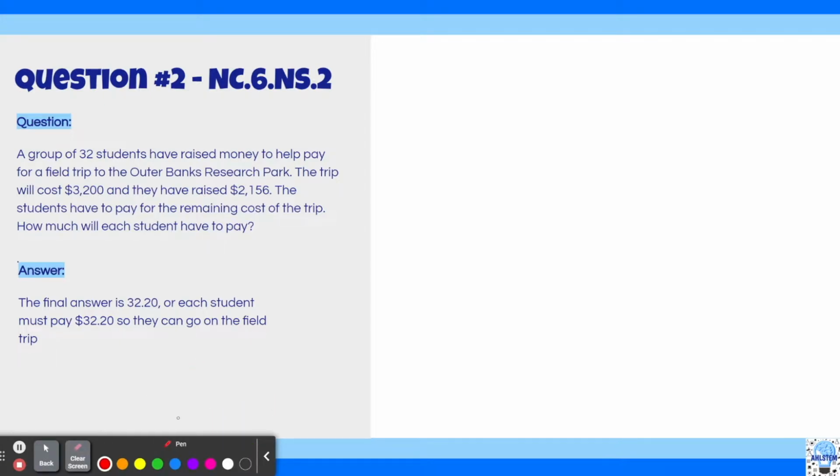The first thing I want to do is find the difference between both of these values because that's how much money they have to pay now. So we have to do 3,200 minus 2,156. And I can solve this out now, but to save time, I will put it in my calculator.